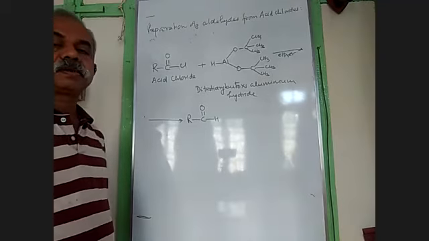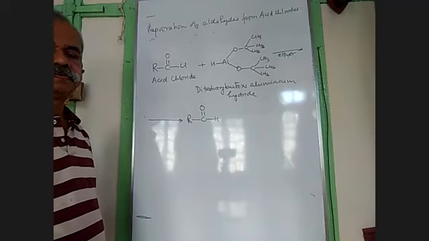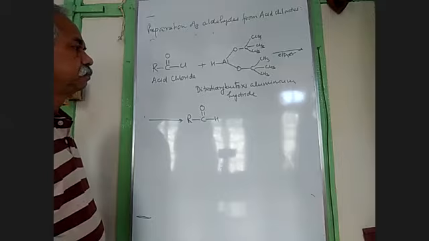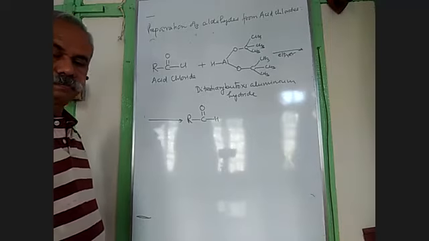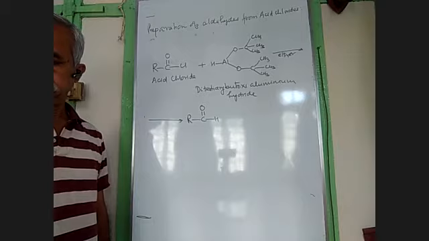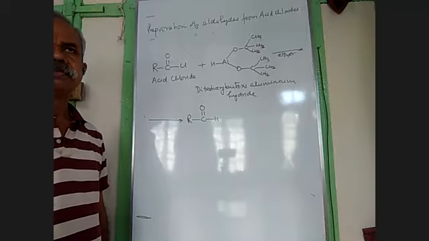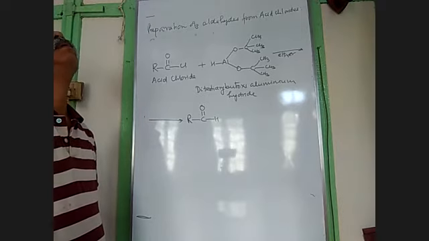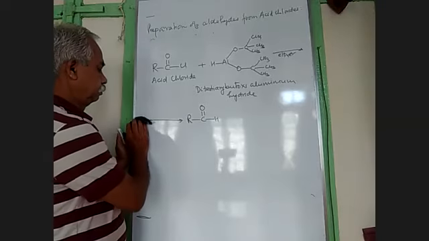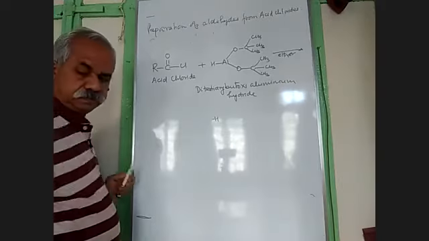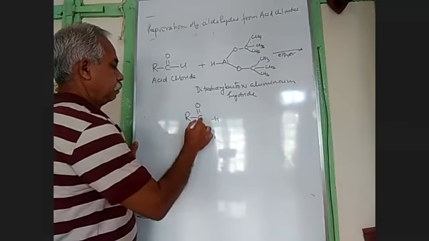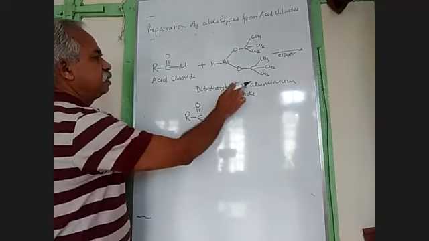Now we'll do preparation of ketone from acid chloride. Oh, sorry. This is called tri-tertiary butoxy.